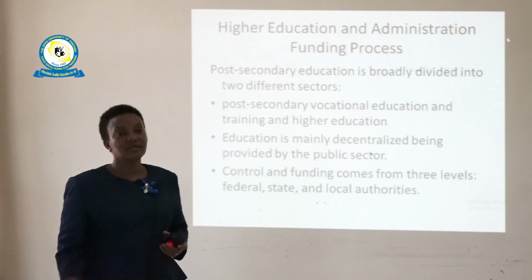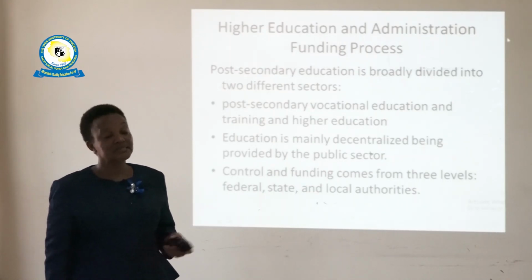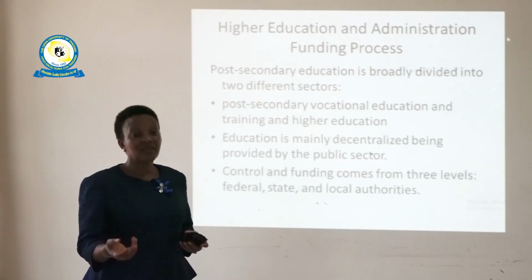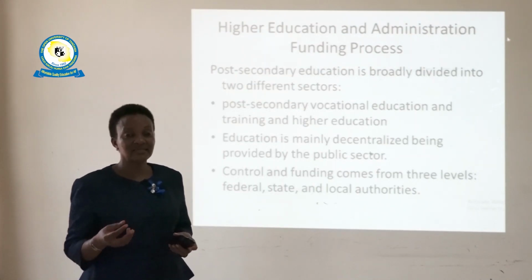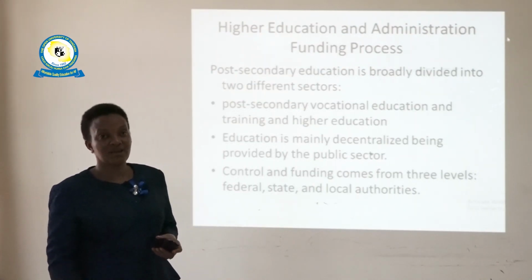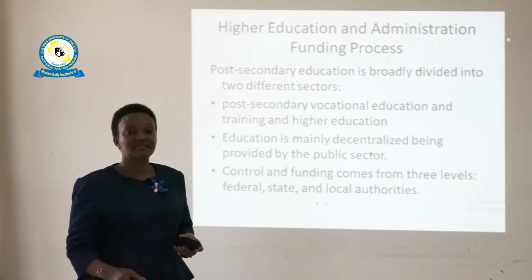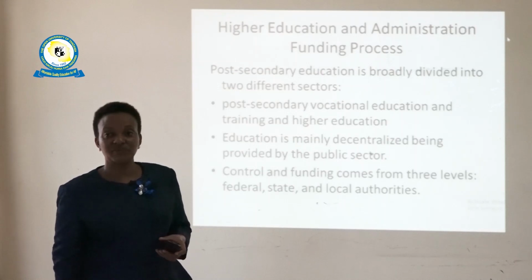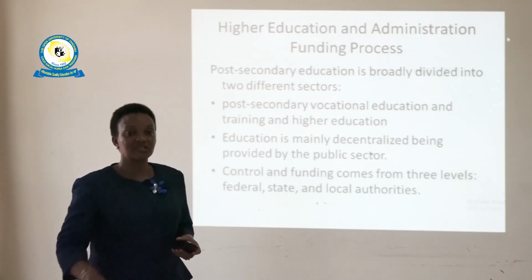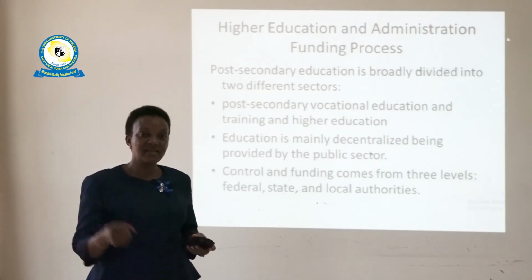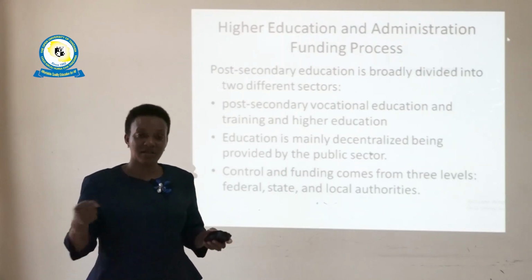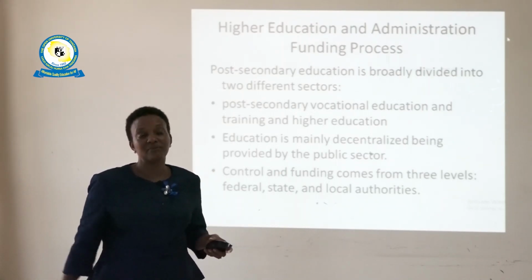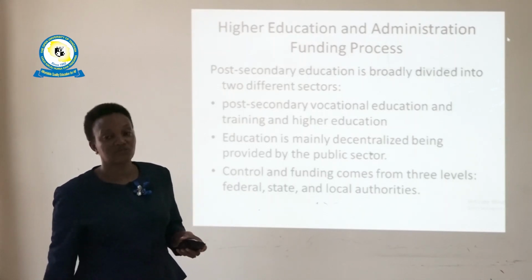So that is about the education system in the United States of America. The most important thing you have to note is that it is highly decentralized, meaning that private sectors, private individuals, and private institutions have the ability to control, to administer, to monitor, and to run the education system in the United States of America.